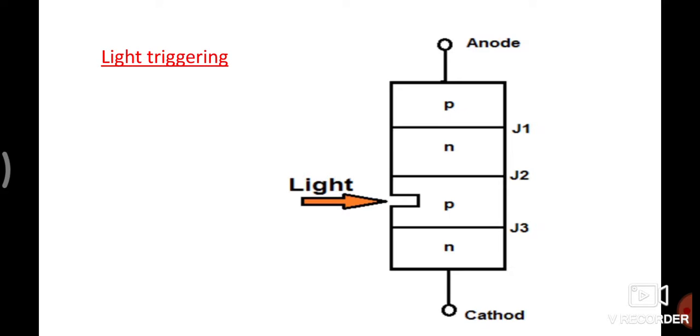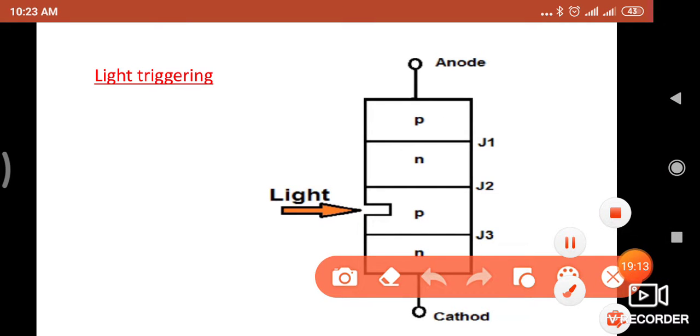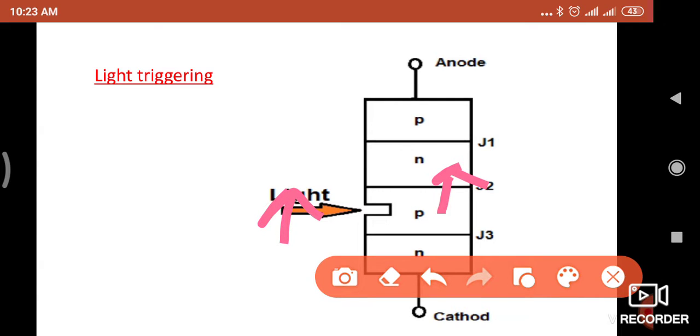A light with a certain intensity falls on the free electrons, they get excited and start moving. So automatically, from this P region, electrons start to move towards junction J2. If you increase the light until sufficient electrons flow towards junction J2, this junction J2 will vanish and all electrons flow through it. Junctions J1 and J3 are automatically in forward bias.